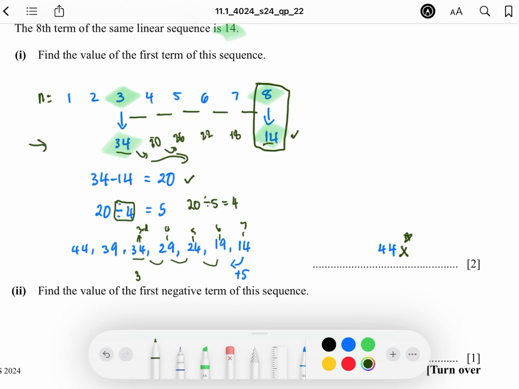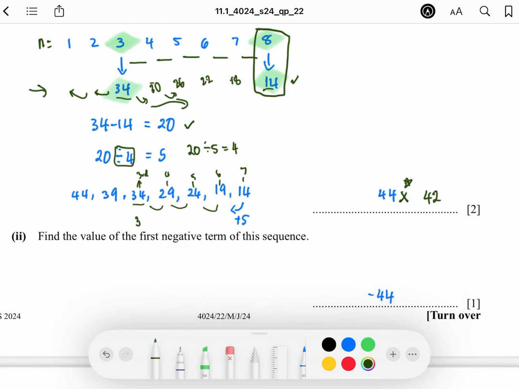So that checks out. That means to find here, plus 4 plus 4, so that's 8. So 34 plus 8 should get 42.